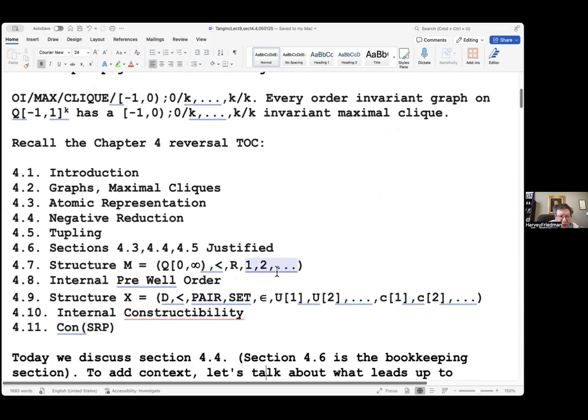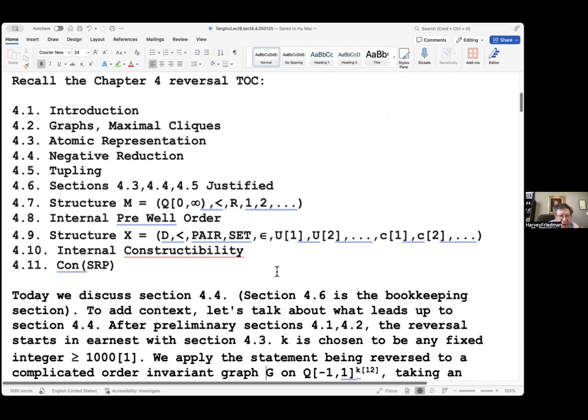we always review that this reversal is in 11 sections, and we did 11, 10, 9, 8, 7, 5. 6 is a bookkeeping chapter. It'll be clearer what I mean by bookkeeping chapter when we talk further into 1 and 2.